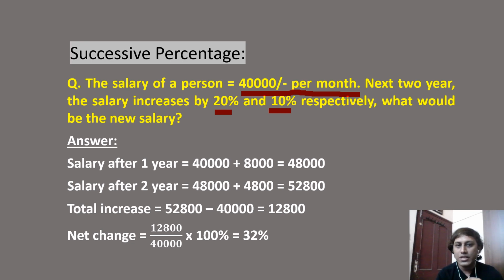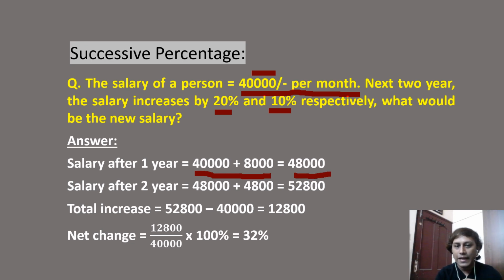First year it increases by 20%. So take this point first. What would be the salary after 1 year? 20% of 40,000, right? That is 8,000. So after 1 year, the salary would become 40,000 plus 8,000, 48,000, right?